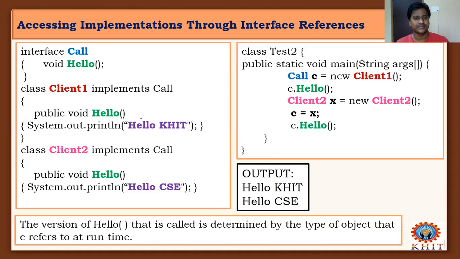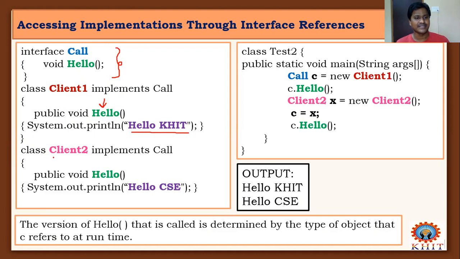So coming to this example, see here, this is interface call having hello method. So class client1 implements interface call. And here this client1 is implementing this hello method on its own, saying hello khit.